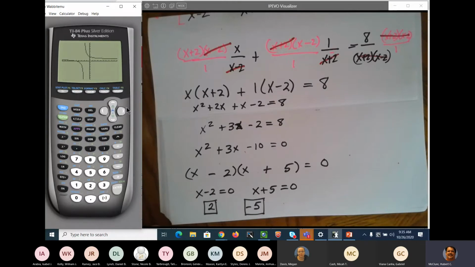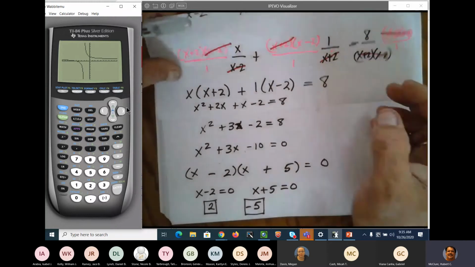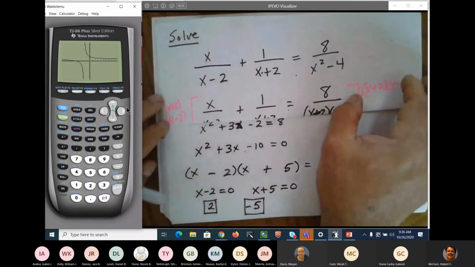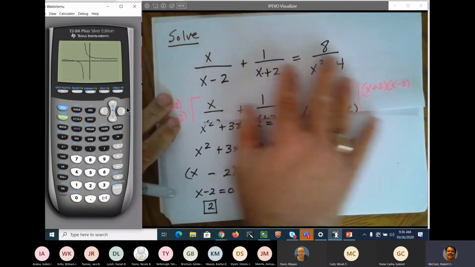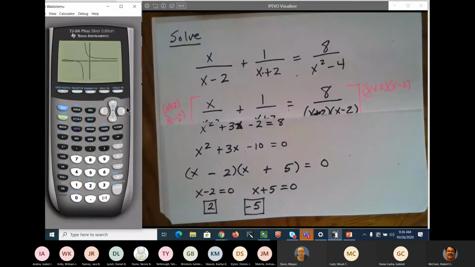You see it on the graph, but how could you take the 2 out algebraically in your work? Can anybody tell me? Anybody want to guess?